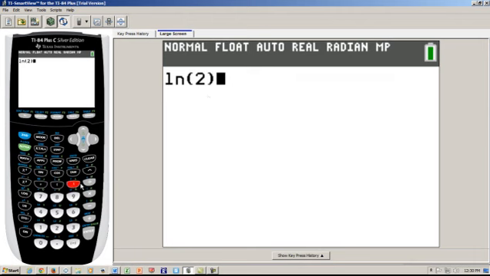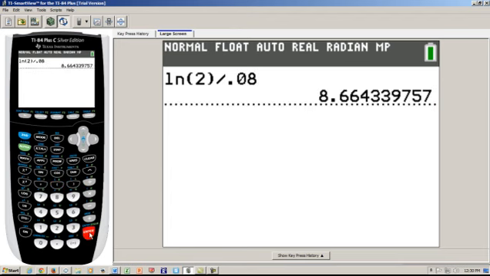It's natural log of 2, and then we're going to divide by whatever the k value is. And whatever you had there, you can do alpha parenthesis, and that's going to give you k. I believe my k was 0.08. If you type that in and push enter, that's going to give you an approximation for your T half from k. For me, it's 8.66.